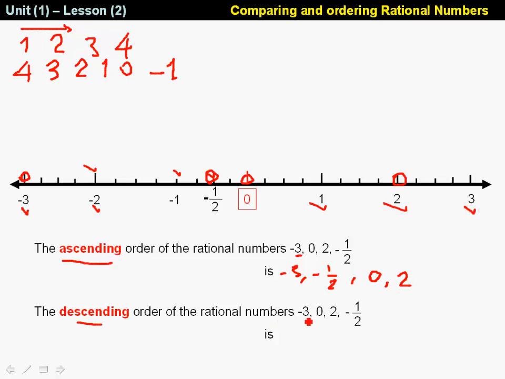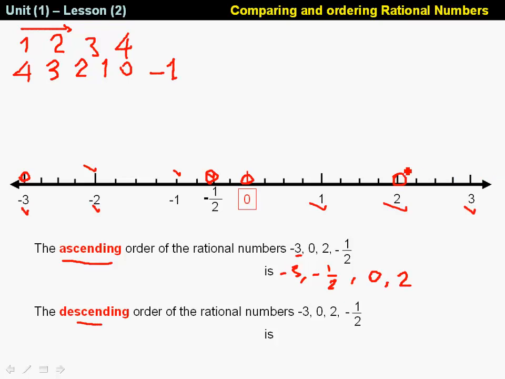We want to arrange the same numbers in descending order. Descending is from bigger to smaller. So we have to start from the right, from the largest number.